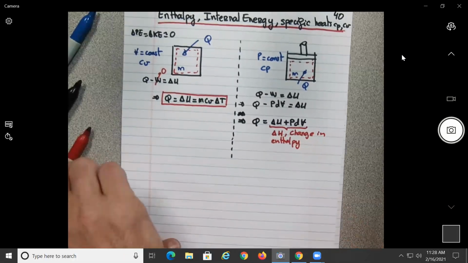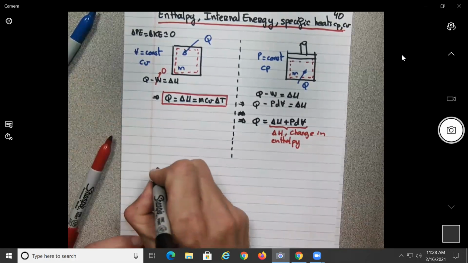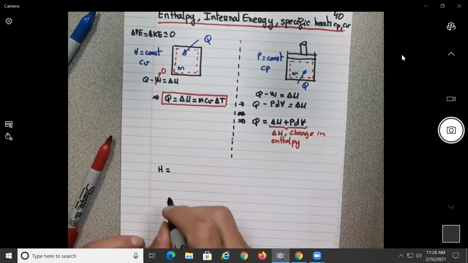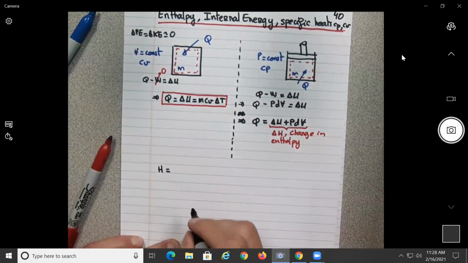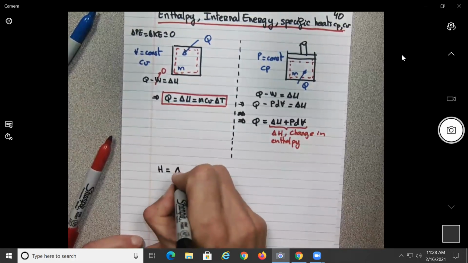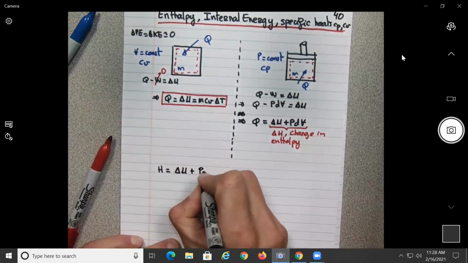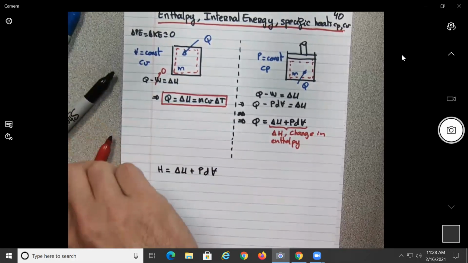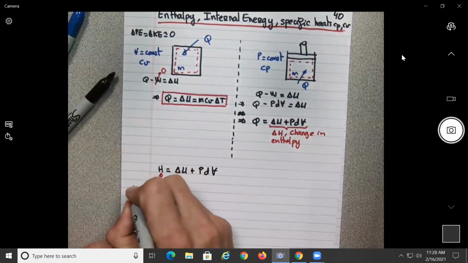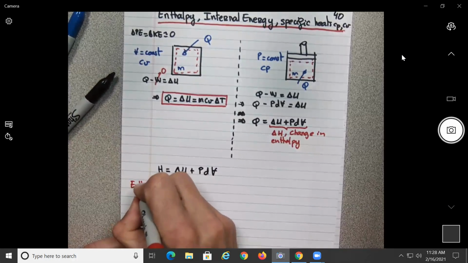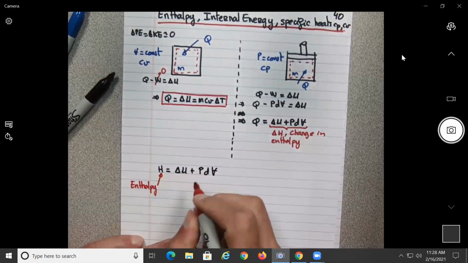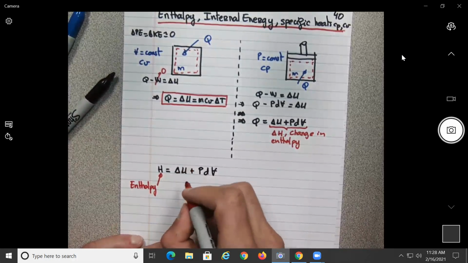So if you want, let's come over here. H equal to U plus PV. So this is the enthalpy. So what is the definition of the enthalpy?